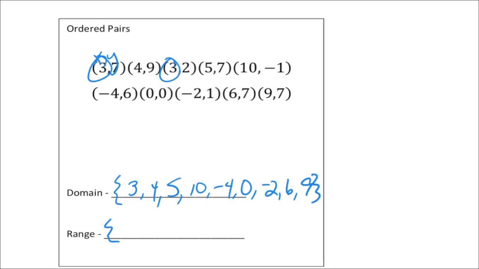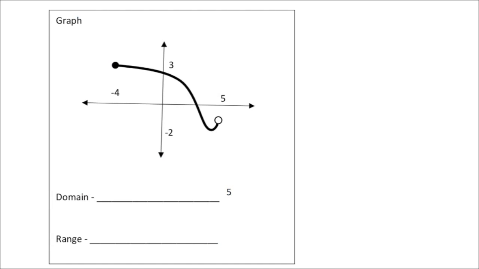The range: 7, 9, 2, -1, 6, 0, 1, and 7, the last two of which we don't need, so we'll just leave it at that. So we have our domain and our range. We're just listing out the x and y values.